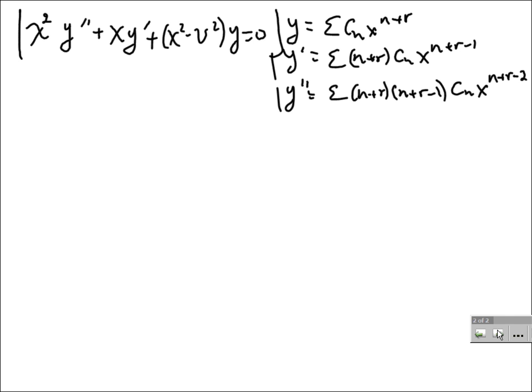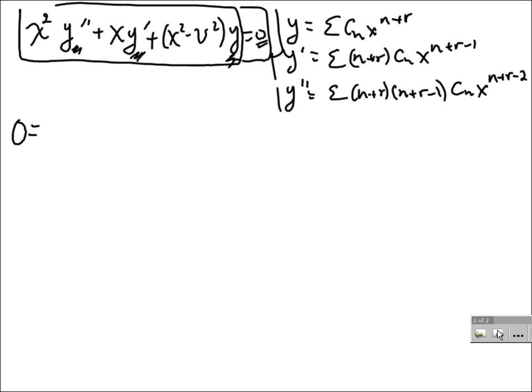Now, I'm going to rewrite this using the summation way of writing y prime and y double prime. But please don't forget it equals 0. So 0 is equal to y double prime, which is the summation of (n plus r)(n plus r minus 1) c sub n x to the n plus r minus 2.